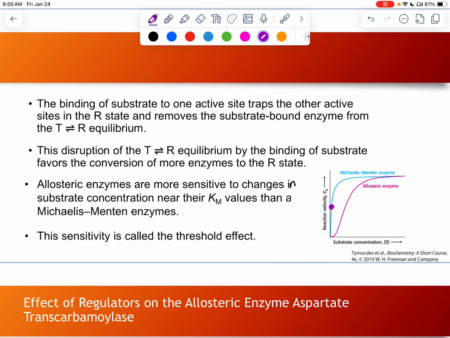And we know that the enzyme activity will be high once the substrate concentration is above that Km. We see a lot of enzyme activity at a high reaction rate.